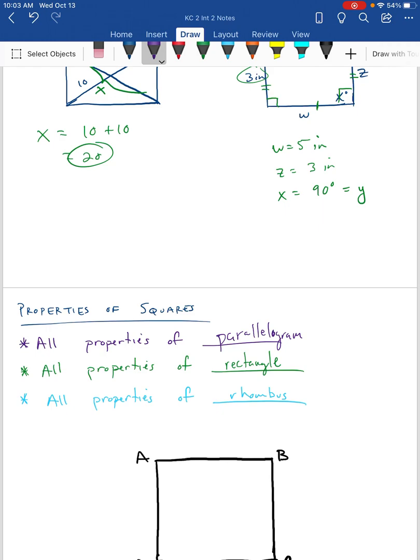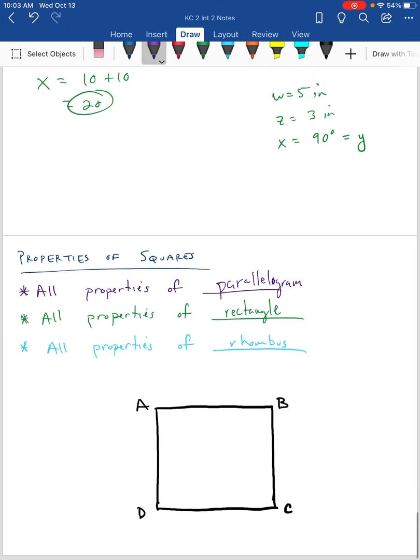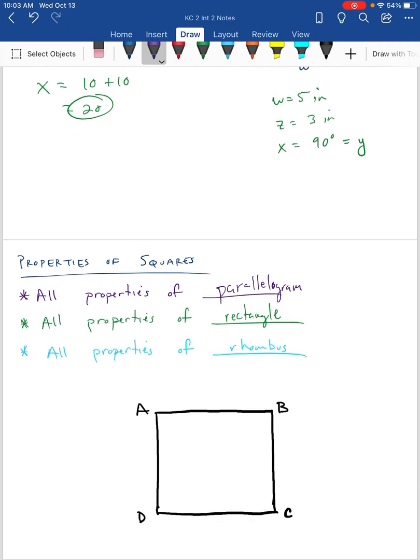So basically a square could be a parallelogram, it could be a rhombus, and it can be a rectangle. Okay, so here is my picture. I'm going to give you guys a visual to this one.